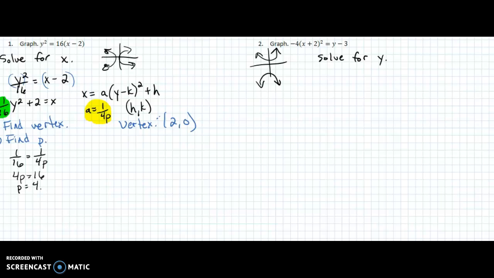So if I can draw a coordinate plane, let's see if I can get one that's somewhat straight. Keep in mind everything you know so far. We know the vertex is 2, 0, so let's put that on our graph. And I like to put a little v next to it just so I keep it straight. And I also know that this is going to open to the right.